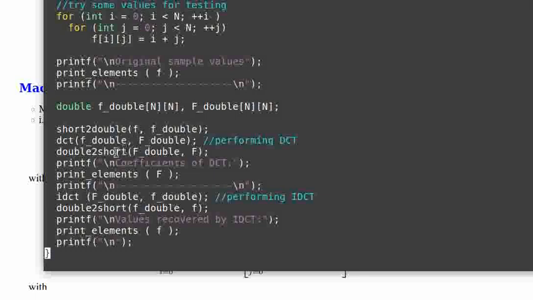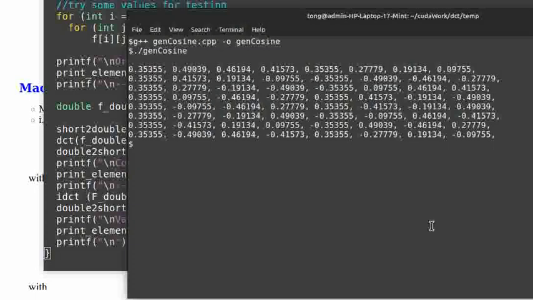Then we change it back to integers, and print out the integer coefficients. And we perform the IDCT, change the recovered values to integers, and print out the recovered IDCT values, and we can compare the two cases. Now let's compile this and see how it works.